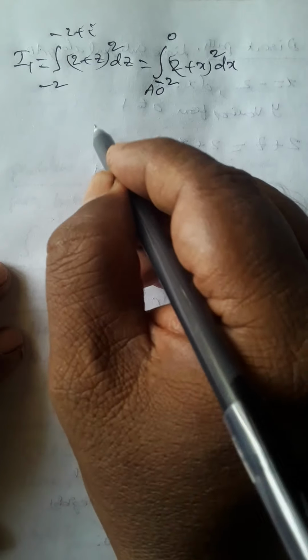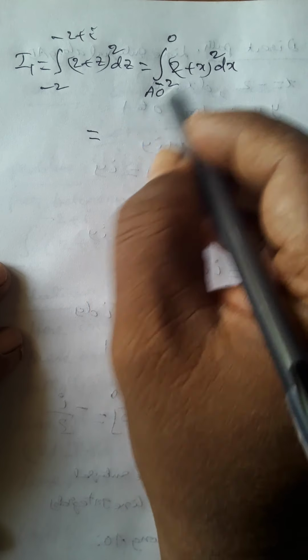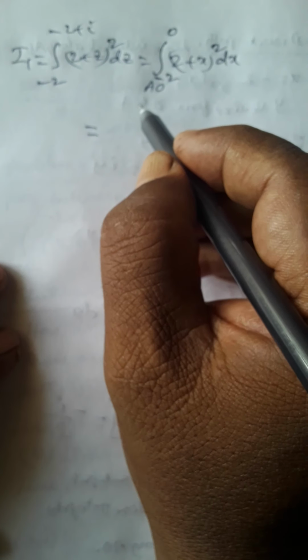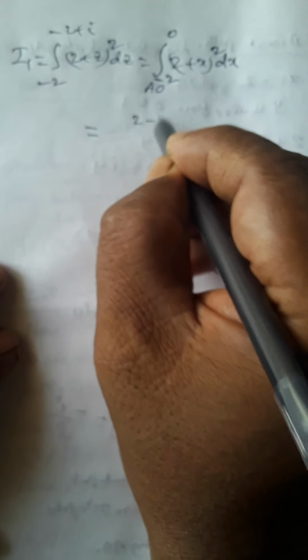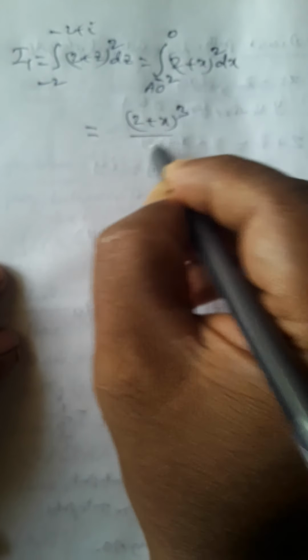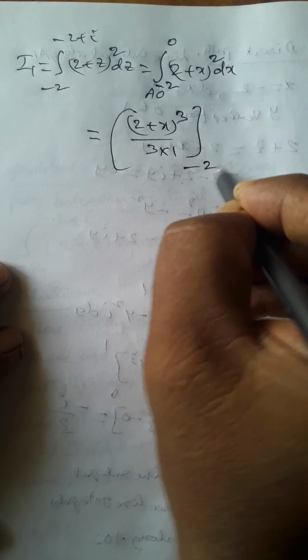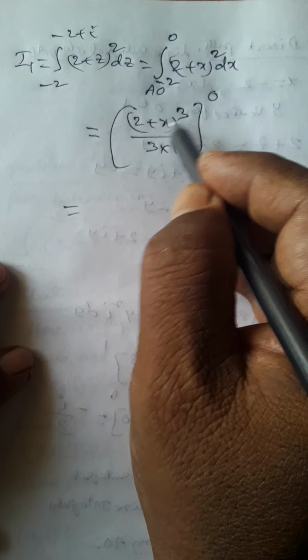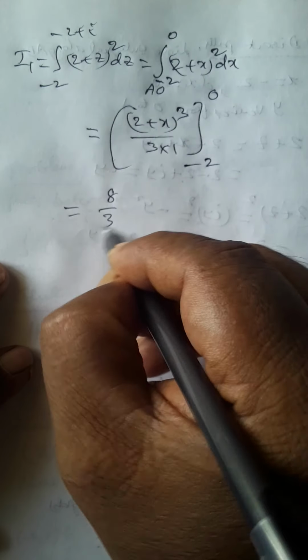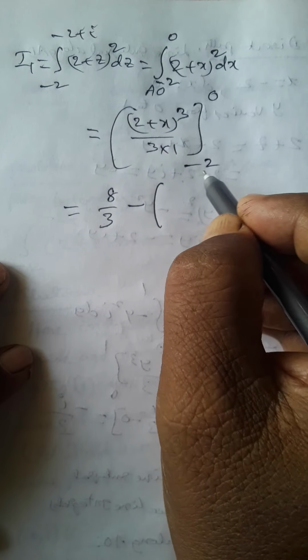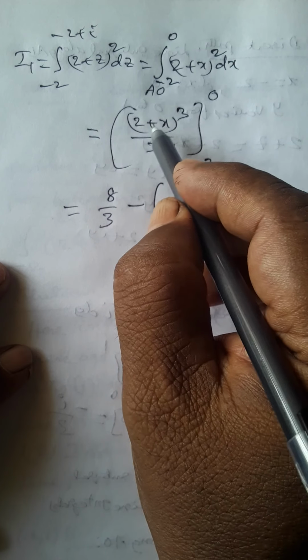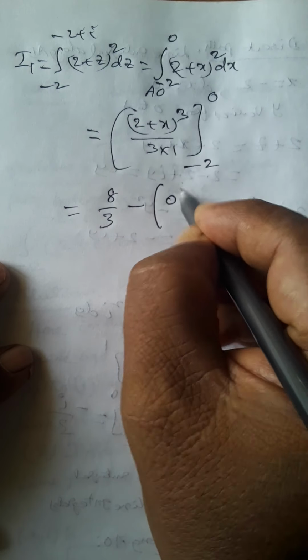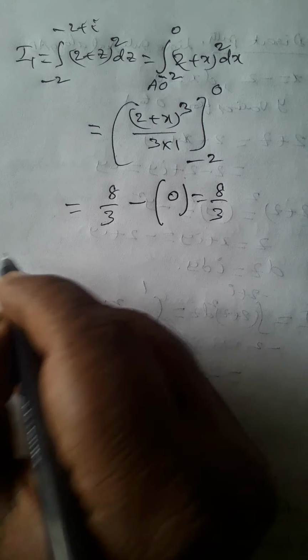That is (2 plus x) whole cube by 3, into the derivative of x which is 1, from minus 2 to 0. Substituting upper limit 0, 2 cube, 8 by 3, minus substituting minus 2, where 2 minus 2 cancels to 0. We get 8 by 3.